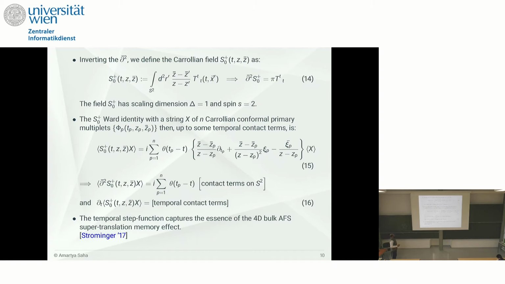Now the S0 plus Ward identity with a string of Carrollian conformal primary multiplets is given by equation 15. These Ward identities are exact only up to some temporal contact terms.